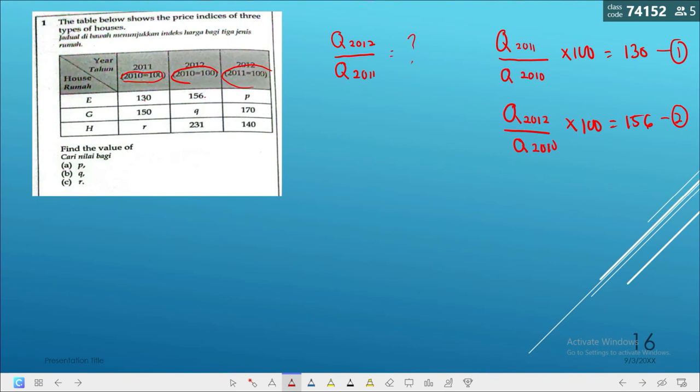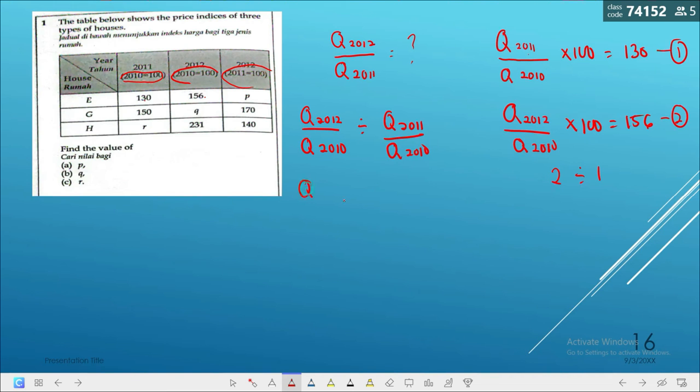If I want equation 2 divided by equation 1, I divide Q2012 over Q2010, then divide with Q2011 over Q2010.